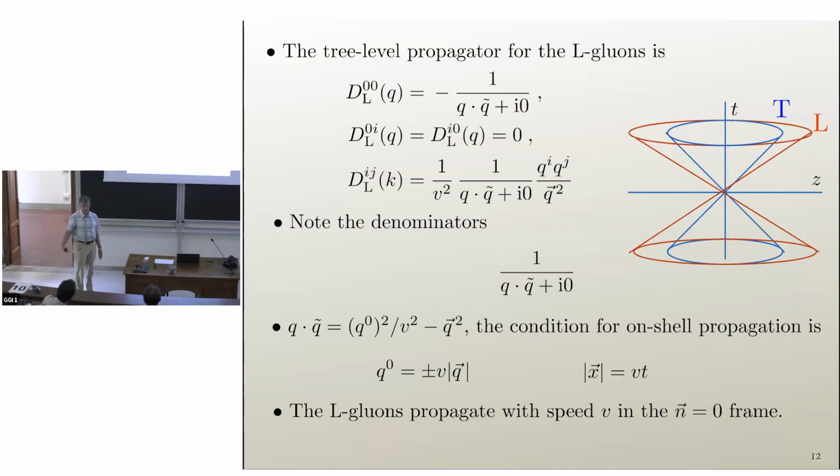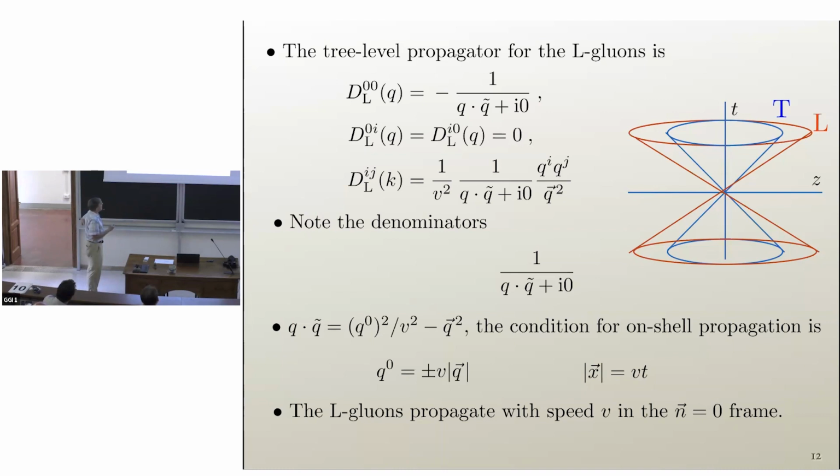Before you transform that and figure out where the singularities of the space-time propagator are, it's at position |x| equals v times t. Now that's a cone. I drew a picture of the cone. Here is a light cone. That's where the singularity is in the propagator for a transverse gluon.